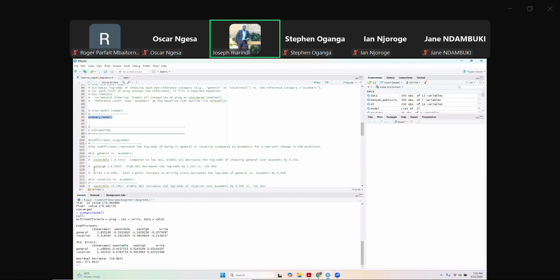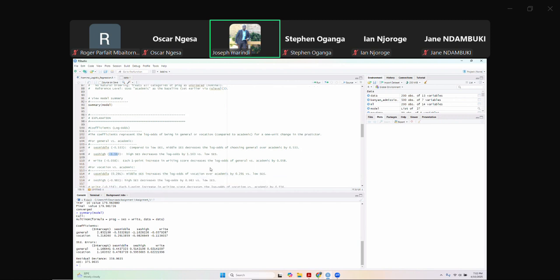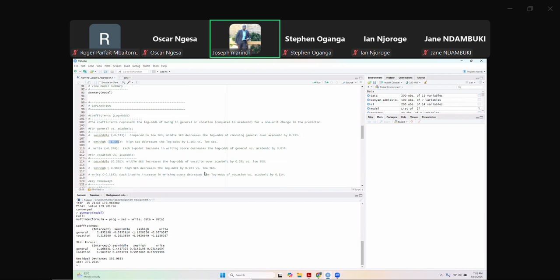When we come to the socioeconomic status which is high, we have a figure of negative 1 point, which means that the high socioeconomic status decreases the log odds of general versus academic by 0.058.